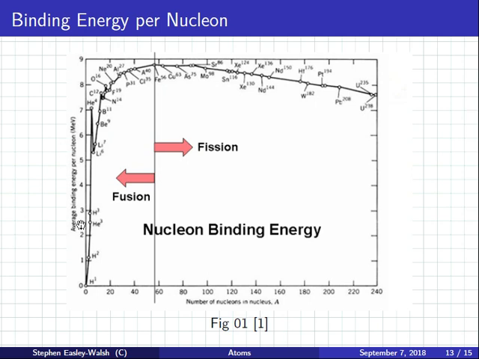This, average. And this is the number of nucleons in the nucleus, A. Energy per nucleon, in mega electron volts, MeV.